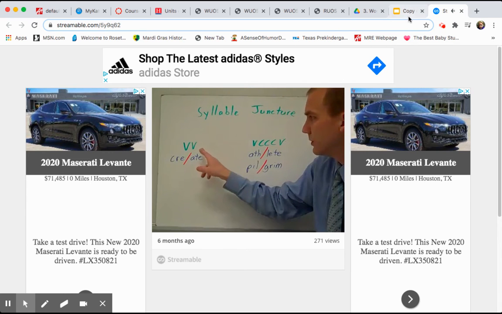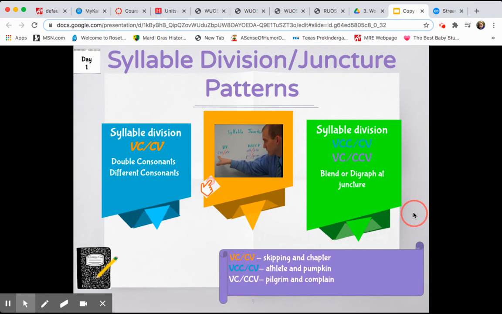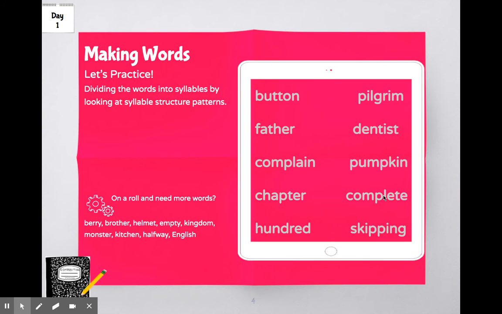Alrighty, so let's keep looking at this. Now I want you to try with these words in your notebook. Guys, this is not to turn in, it's just to practice in your notebook. So where would you separate the syllables in button, father, complain, chapter, kitchen, pilgrim, dentist, pumpkin, complete, and skipping?